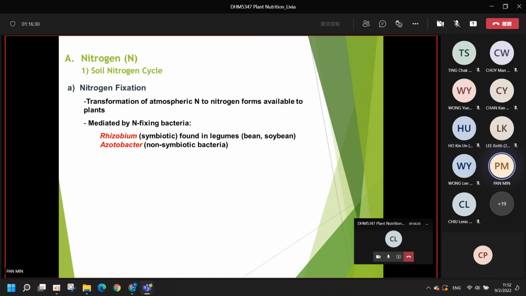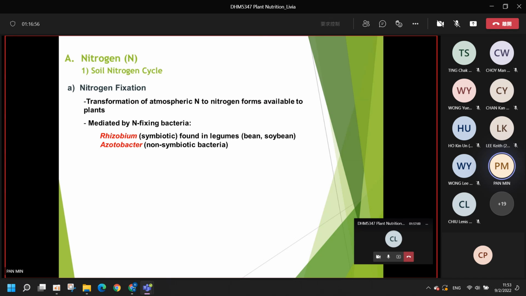And the first one, nitrogen. We talk about the soil nitrogen cycle. Nitrogen fixation is a process by which molecular nitrogen in the air is converted into ammonia or related nitrogenous compounds in the soil.